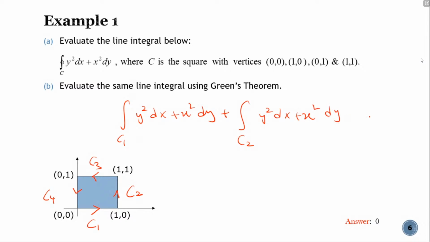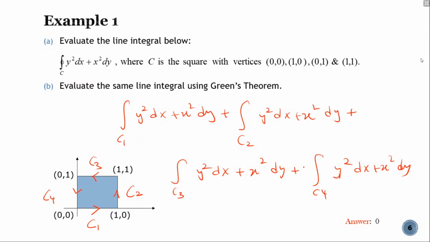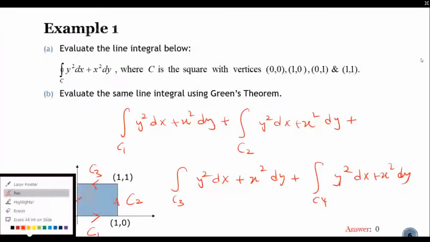Remember this one is piecewise, so since you have 4 different curves, you need to solve 4 line integrals. And lastly, you have curve 4, y squared dx plus x squared dy. This is what we previously covered on line integrals, if you still remember.